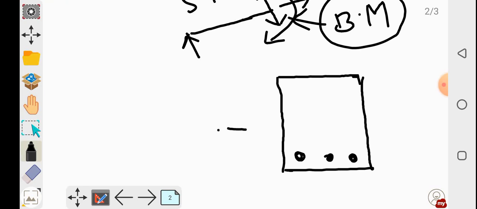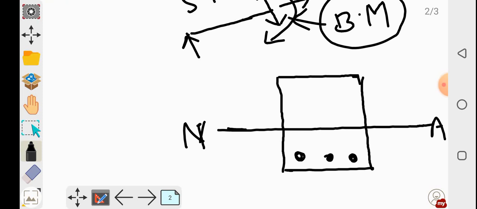We know it has a neutral axis here, and this neutral axis divides this RCC section into tension and compression zones. We know the topmost zone will be the compression zone. If you are not understanding how this is happening, we will discuss it separately. Now you should focus only on how the internal bending moment is generated in a singly reinforced beam.